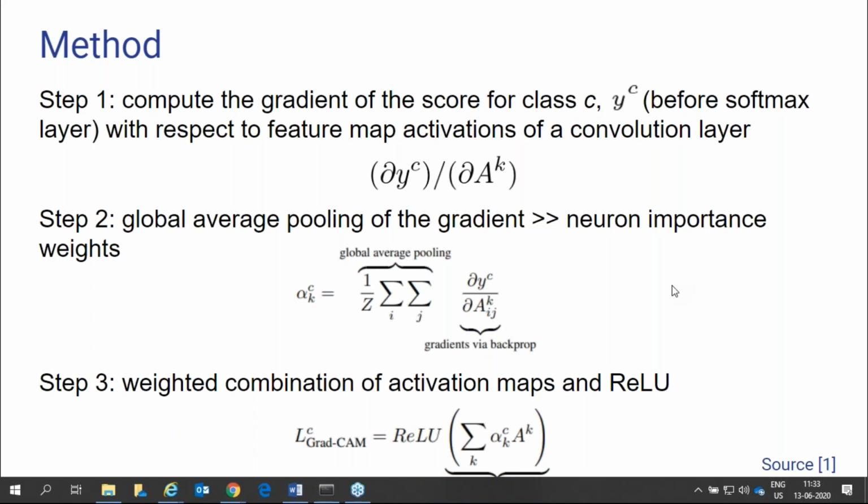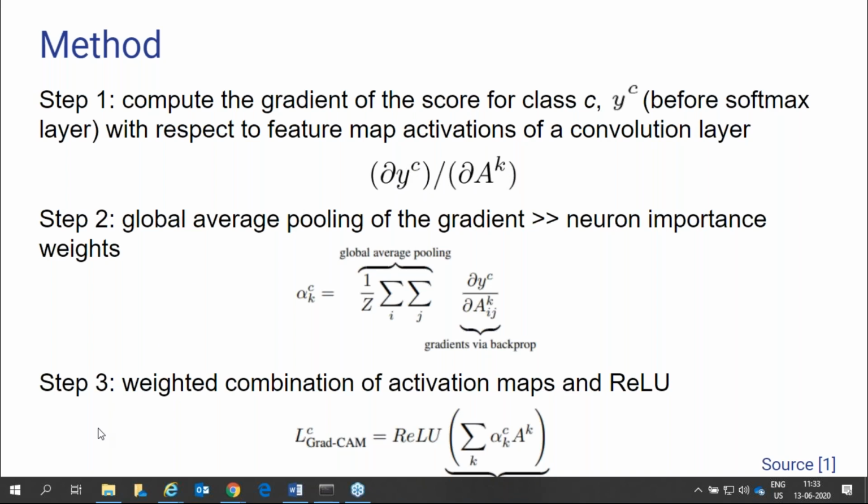So dy^c over dA versus dLoss over dW: we are not calculating the gradient of the loss, but the gradient of the logits of the class of your interest with respect to the activation maps.